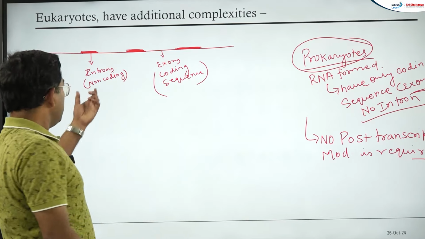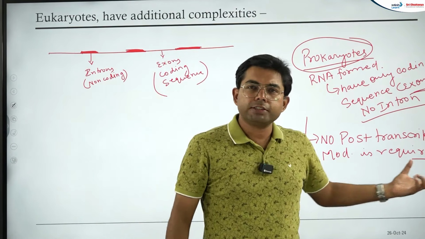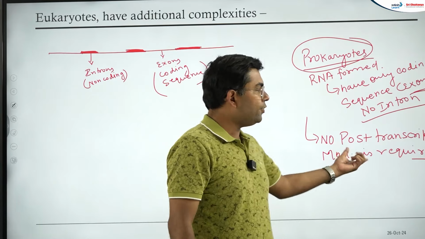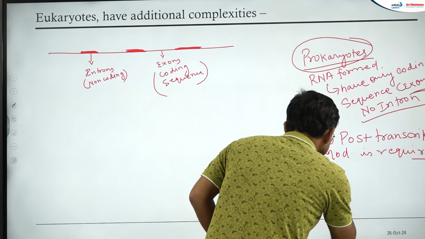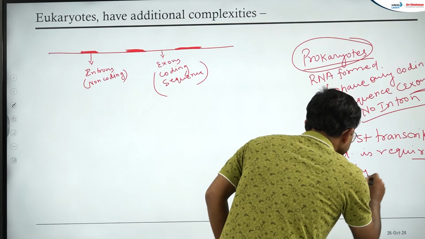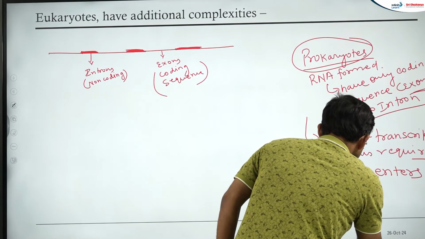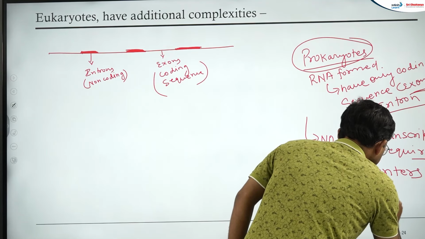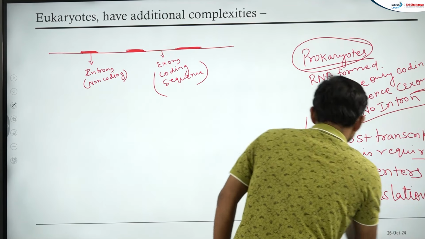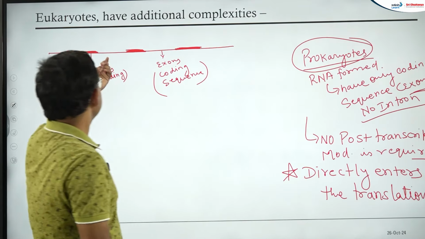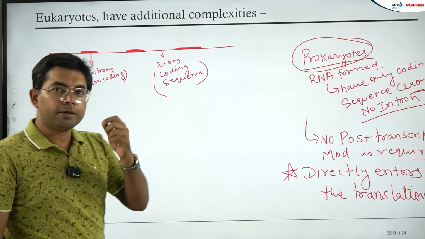Now, since in prokaryotes all the sequence is coding sequence, no modification is required, so it directly enters the translation phase. But in case of eukaryotes, this non-coding sequence needs to be removed.